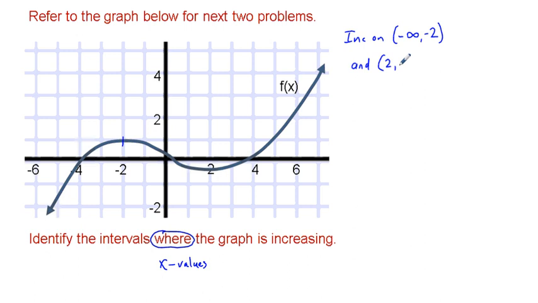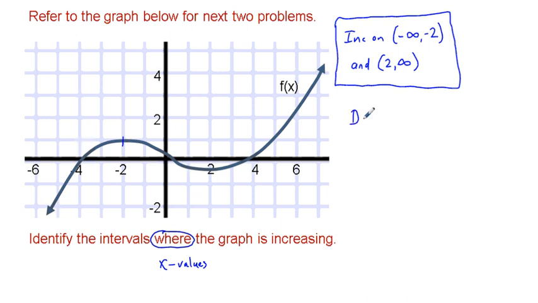So that would be where the graph function is increasing. Now, decreasing is not what's being asked for, decreasing on the interval from negative 2 to 2. And increasing everywhere else is what the solution is boxed in.